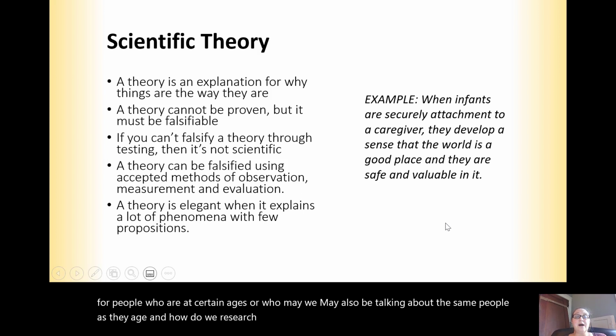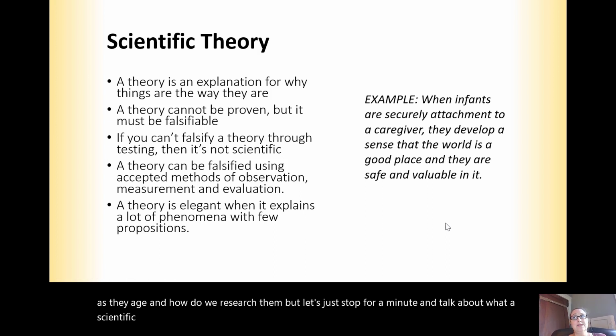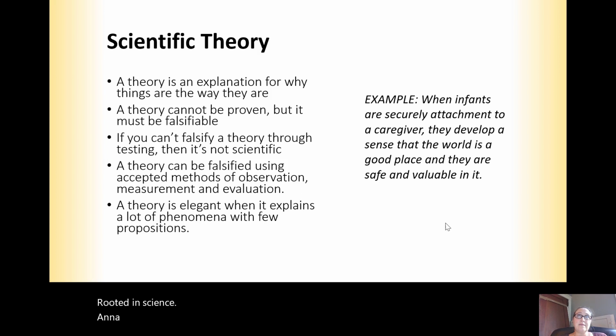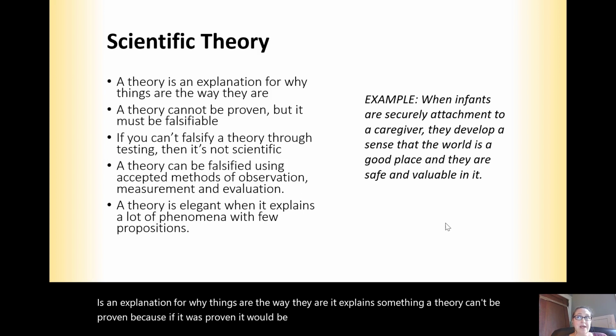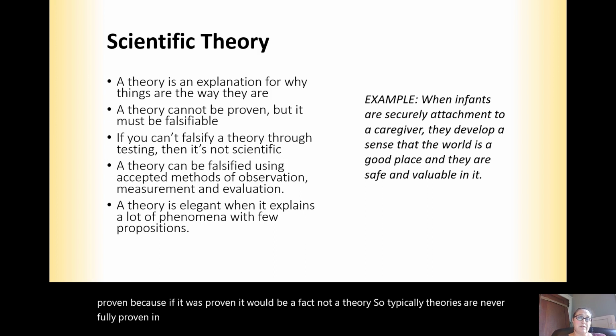But let's just stop for a minute and talk about what a scientific theory is, because this is all supposed to be rooted in science. And a scientific theory is an explanation for why things are the way they are. It explains something. A theory can't be proven, because if it was proven, it would be a fact, not a theory. So typically, theories are never fully proven, and they're often just refined.